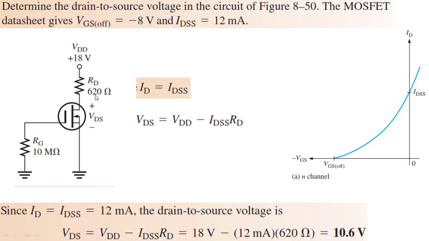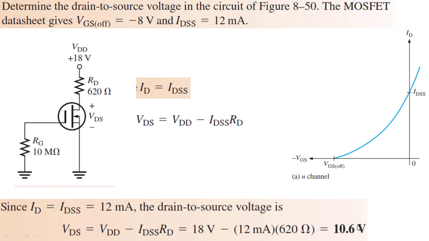Directly we can substitute, and we get the voltage 10.6 volt across the drain to source. So these are the simple problems in the MOSFET circuits. So this is the explanation part of FET as well as MOSFET biasing and its simple related problems. Thank you.